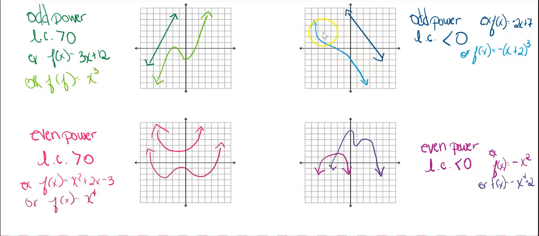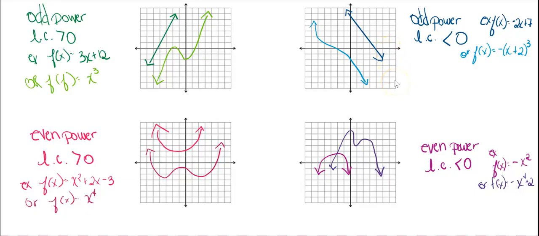Again, it's not the equation for this light one, but it's still an equation where you have an odd power. The power of this light blue one is 3, the power of this dark blue one is 1, and as x approaches negative infinity, y approaches positive infinity, or as x approaches positive infinity, y approaches negative infinity.